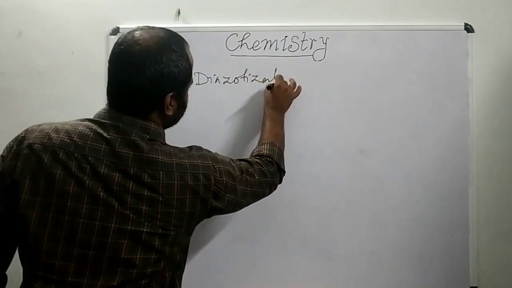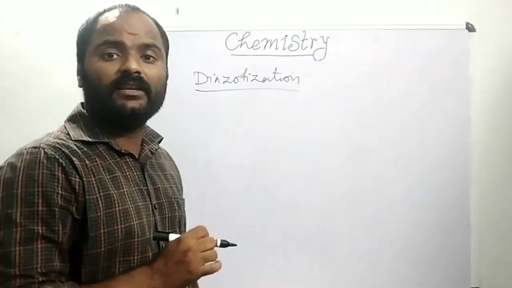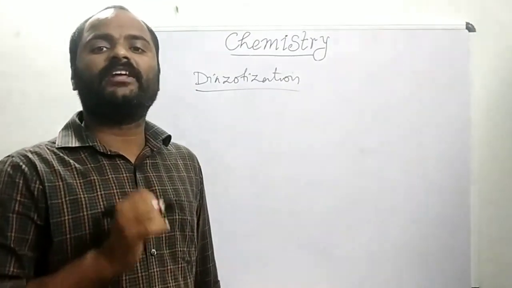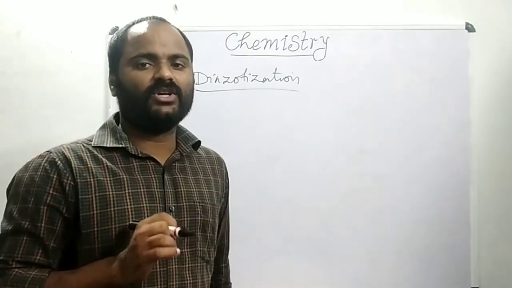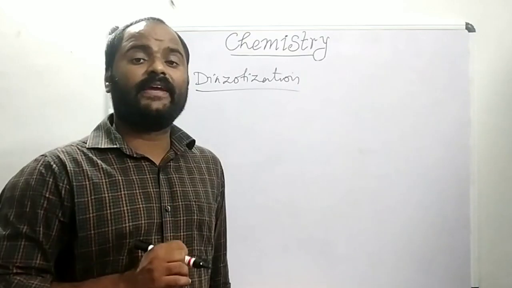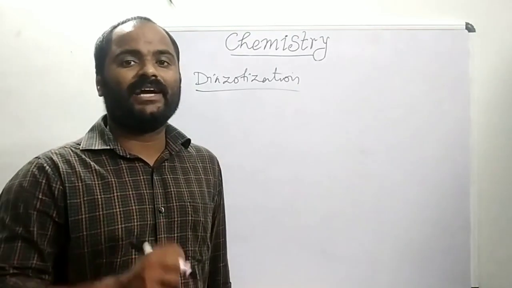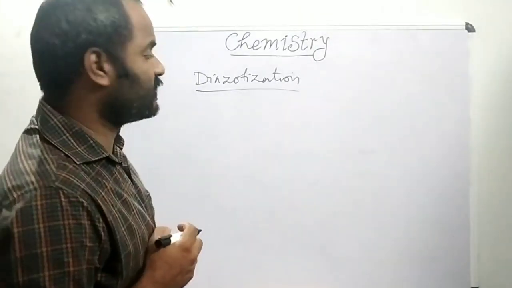Aniline on reaction with sodium nitrite and HCl at 0 to 5 degrees Celsius gives benzene diazonium chloride.